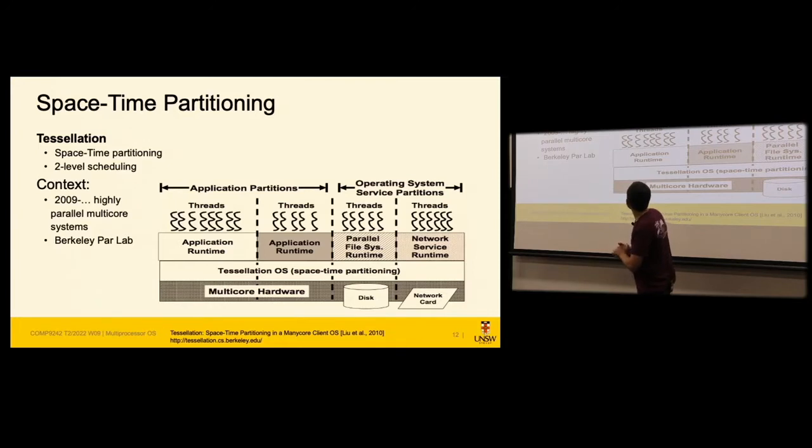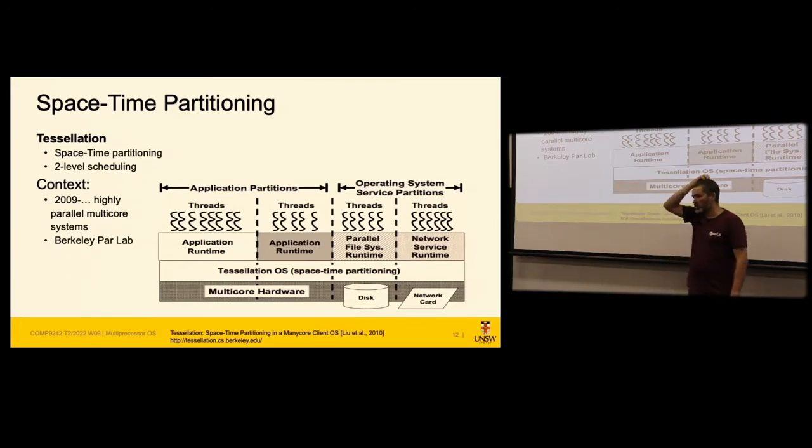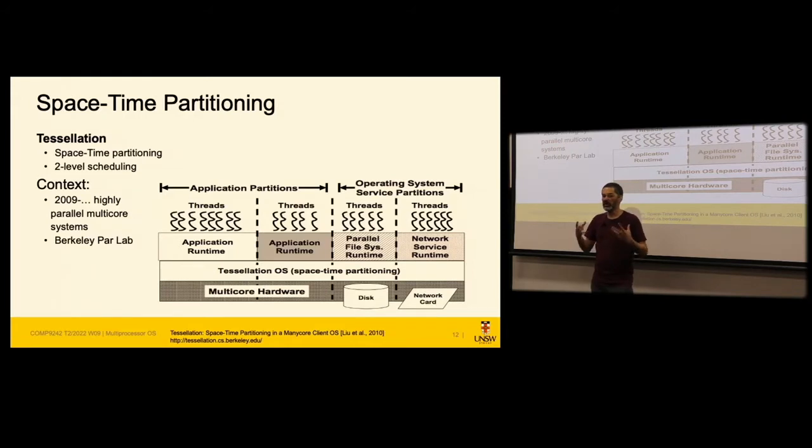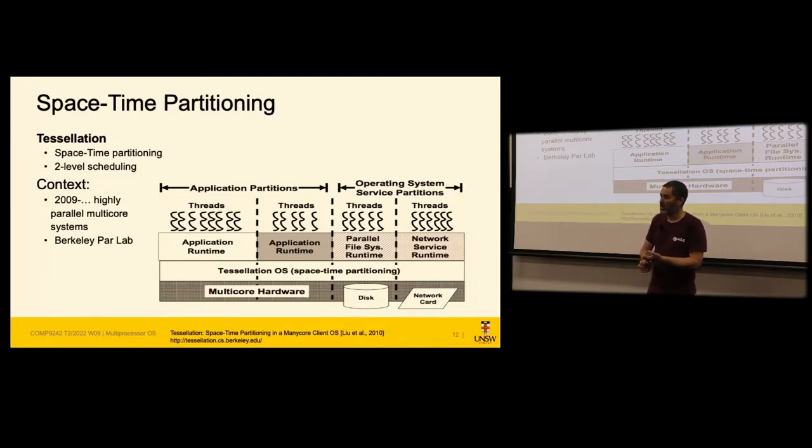So the idea with Tesselation and space-time partitioning is that you create partitions of resources. So if you have an application running, it's going to need some set of resources to run. And resources in this case are processing and memory, network, storage, interconnect between the processors and stuff, so bandwidth, things like that.